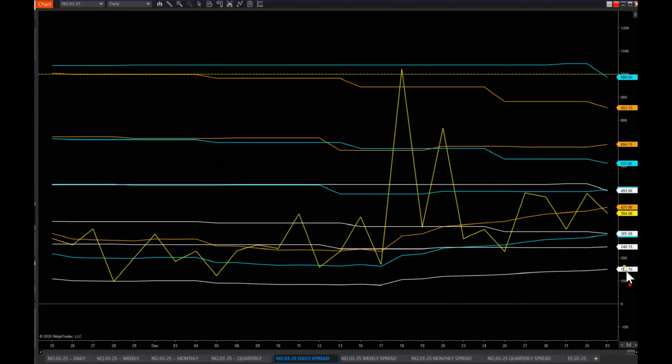Yeah, look at that. There's my blue 2. So they were sitting on that level. That's where they were pinning it.